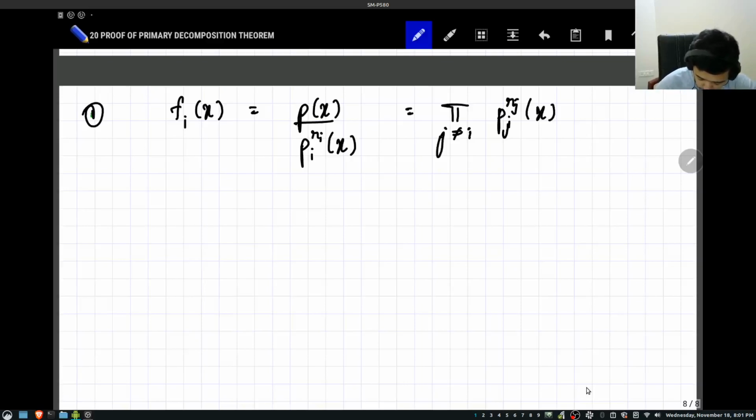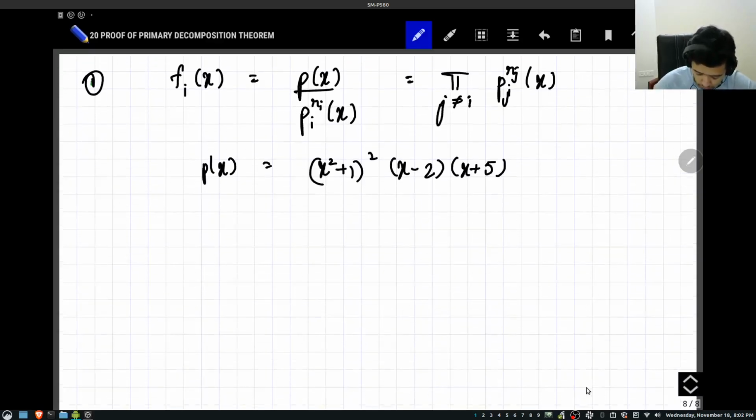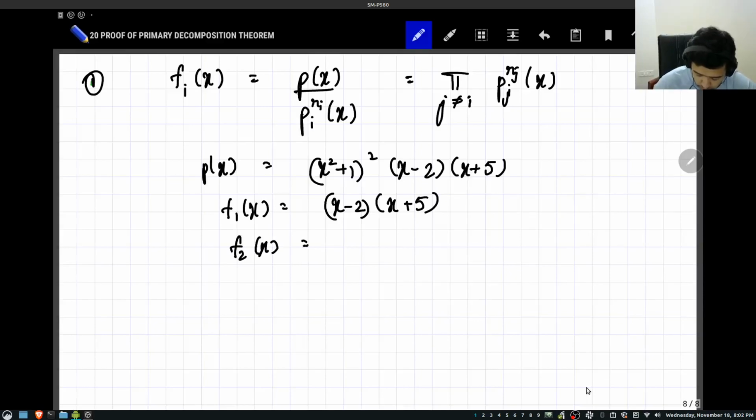So for example, if I had p of x equal to x squared plus 1, the whole squared, times x minus 2 times x plus 5, suppose that this were the minimal polynomial, then f1 would be x minus 2 times x plus 5, f2 of x would be x squared plus 1 the whole squared times x plus 5, and f3 would be x squared plus 1 the whole squared times x minus 2.